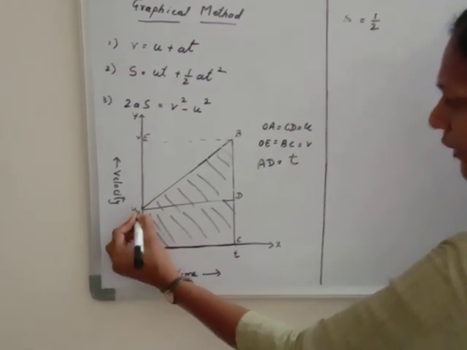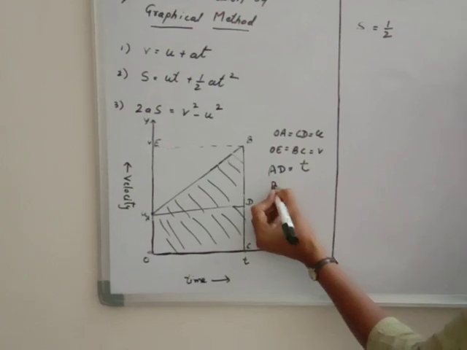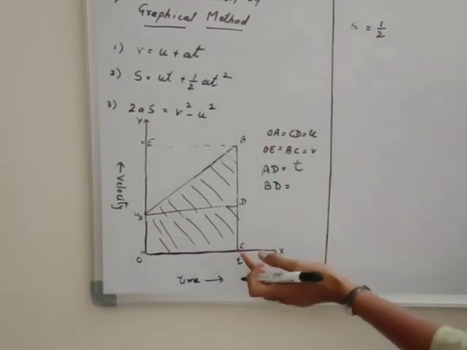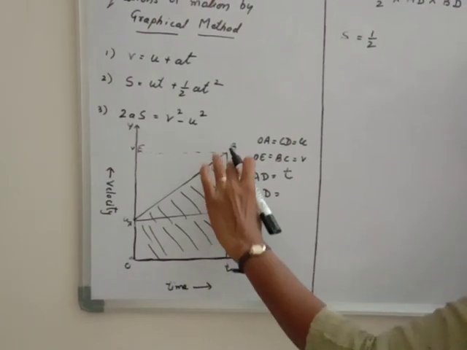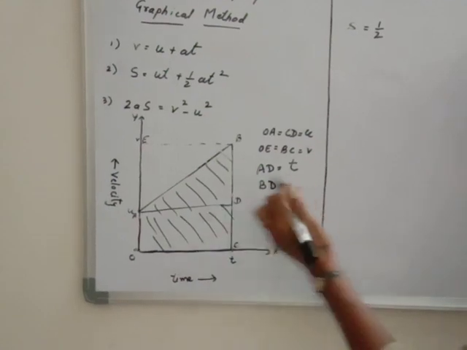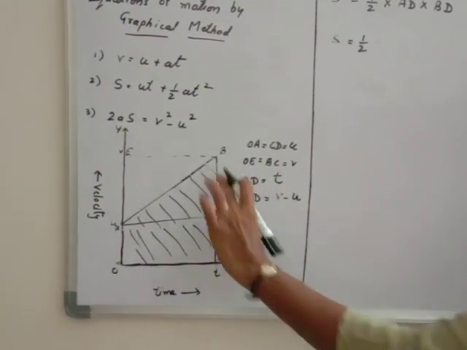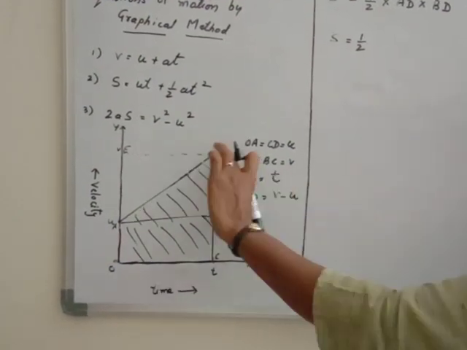AD is t. Now, second I need BD. This is BD. Now see here, this entire is v and this much is u. So this will be v minus u. BD will be v minus u. This will be my BD distance.